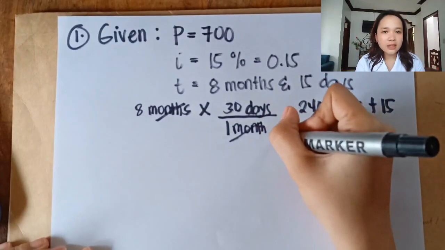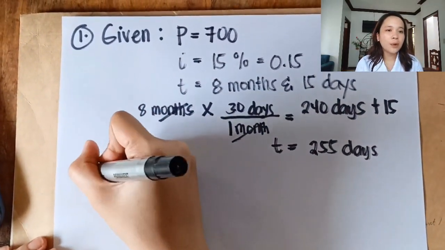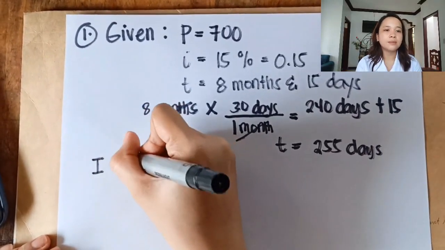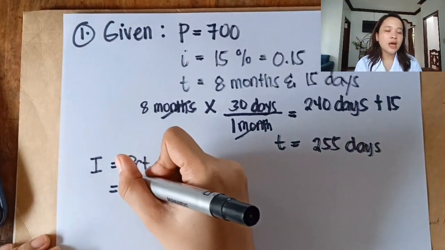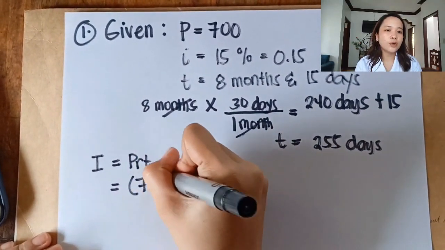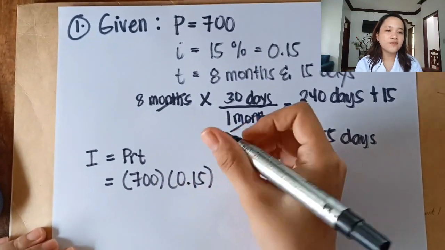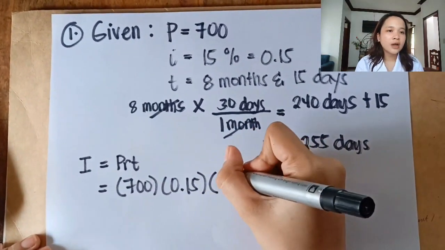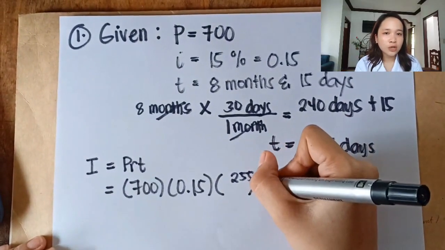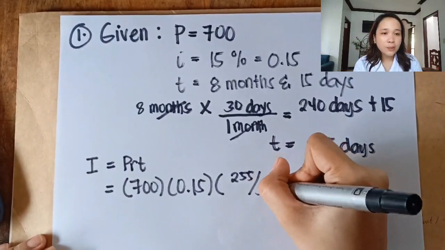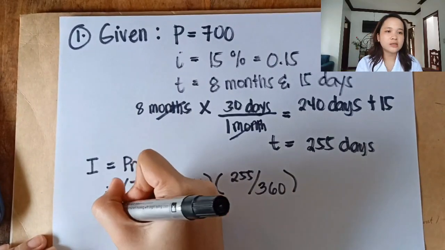In order to get the interest, we have this formula. Interest is equal to principal times the rate and time. So for the principal, we have 700 times the rate, 0.15, times the time, 255 days over the 360 days, because in the problem we are finding the ordinary simple interest.